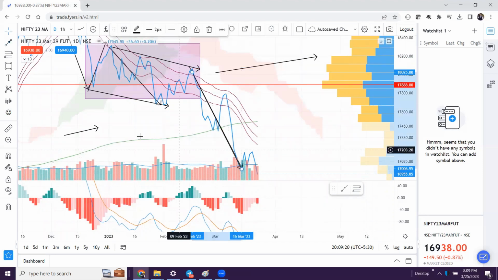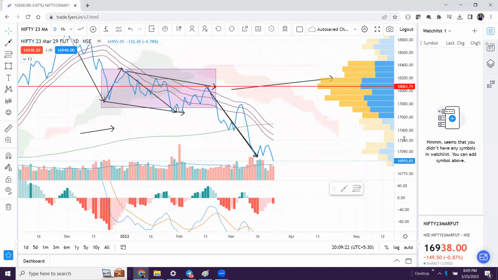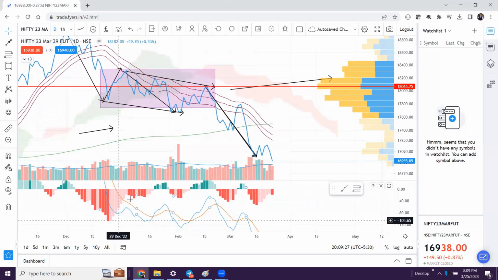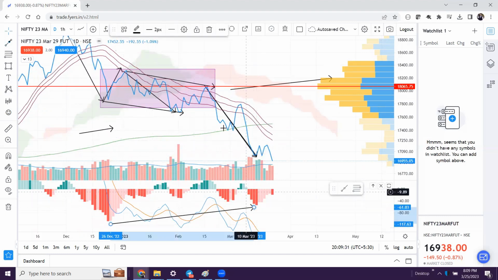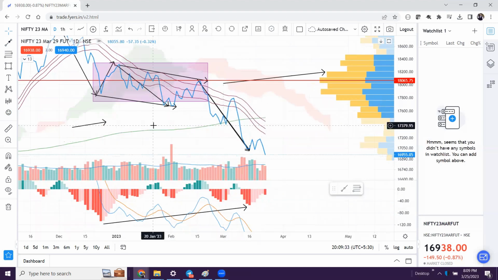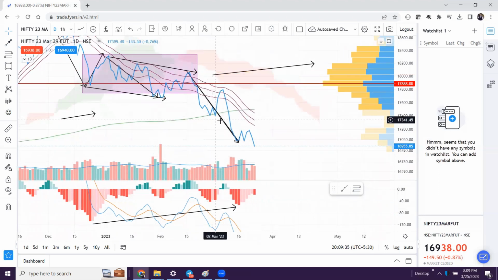And now if you compare the MACD for this move, you can see there is a clear divergence between this part and this part, which means this can be the last wave of the current structure. But this wave is not complete, because if you compare internally, there is no divergence between this wave and this wave.